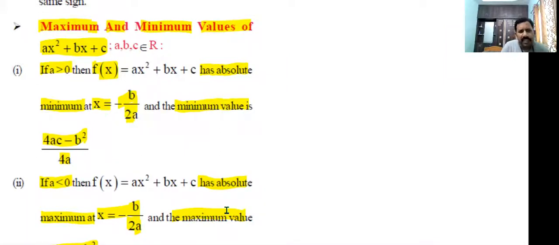How to identify that? We know that f of x is equal to ax square plus bx plus c. Here take a common and simplify that.